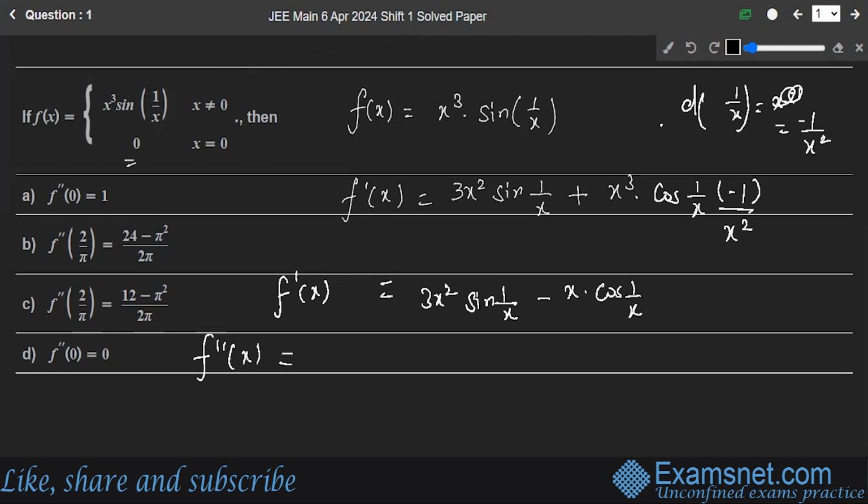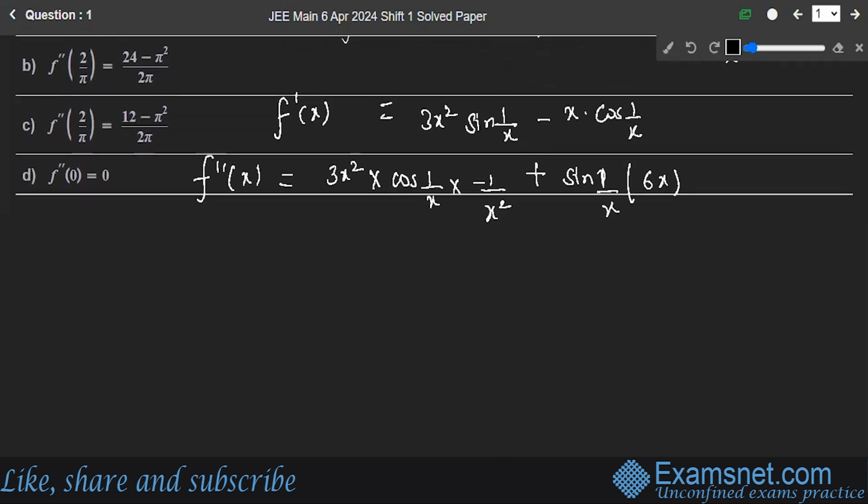Let's find out the second derivative. Again, the same thing: first function into derivative of second, so this is 3x squared into derivative of this, which is minus 1 by x squared, plus second function into derivative of first. And the same for the other term.